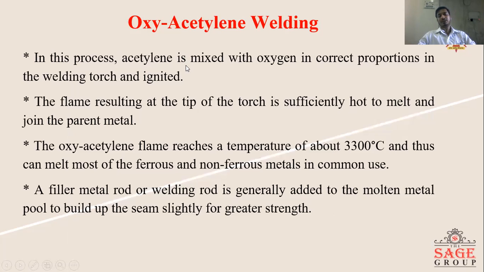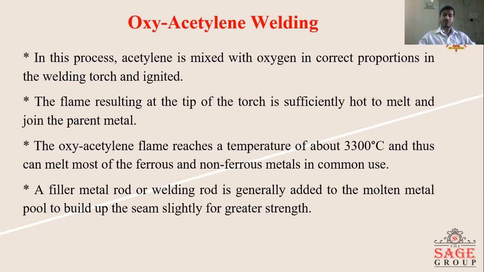In this process, the acetylene is mixed with oxygen in the correct proportion in a welding torch and ignited. The flame resulting at the tip of the torch is sufficiently hot to melt and join the parent metal. The oxyacetylene flame reaches a temperature of about 3300 degrees Celsius and thus can melt most of the ferrous and non-ferrous metals in common use.